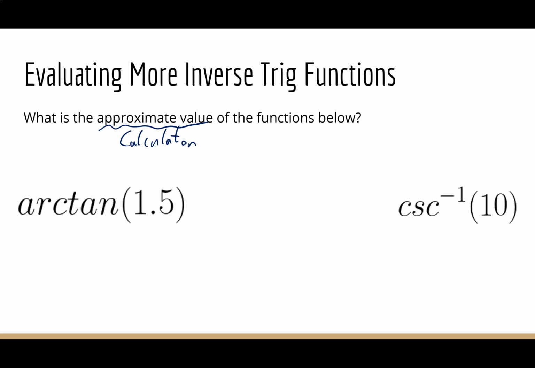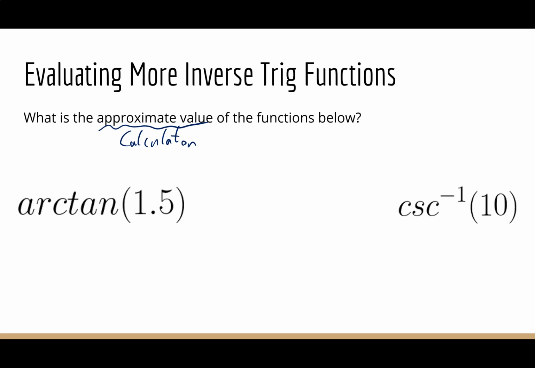Now, depending on which arc function or inverse function it is, it determines whether or not you can just straight up type it in as is. Your calculators have buttons for sine, cosine, tangent, and if you're using a graphing calculator, you see up above those buttons inverse sine, inverse cosine, inverse tangent. So you just hit second and then that button.